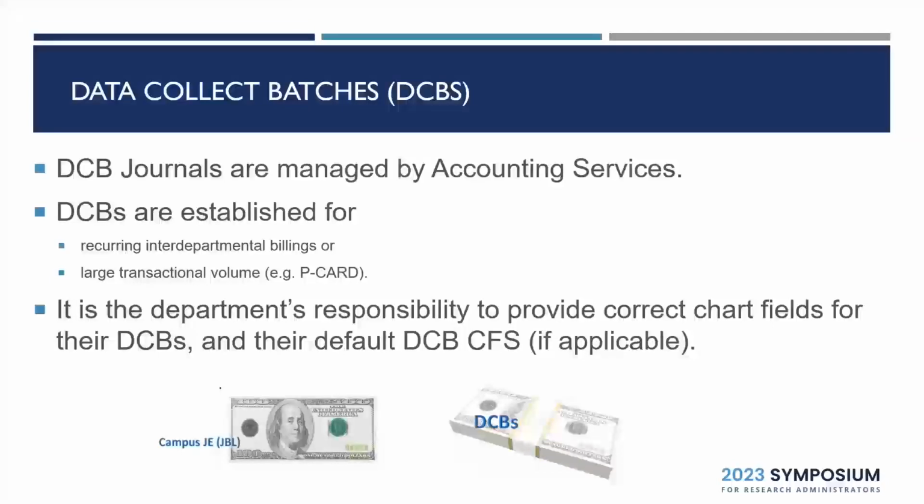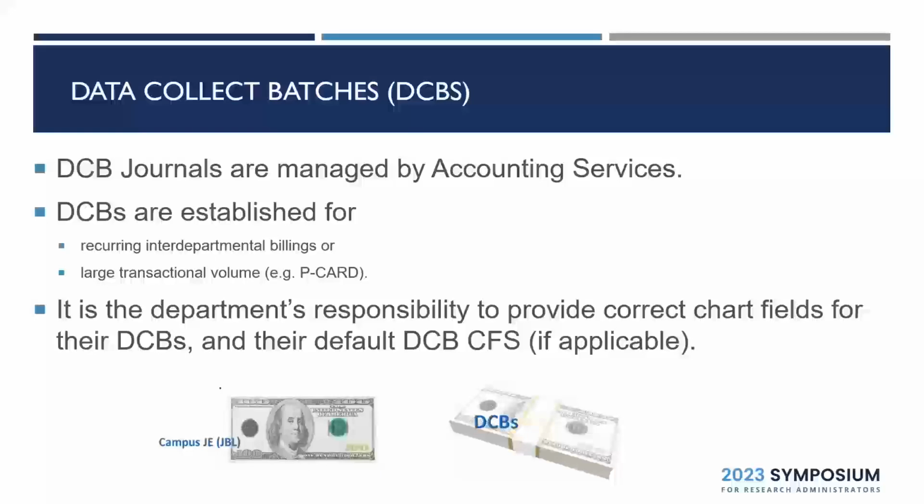Data collect batches, called DCBs, are managed by accounting services. DCB journal sources are specifically set up for recurring interdepartmental billing with large transaction values, all expenses, all locations, like PCAR. For example, for regular campus billing, a JBL usually has just a couple of lines. DCBs have hundreds or thousands of lines.